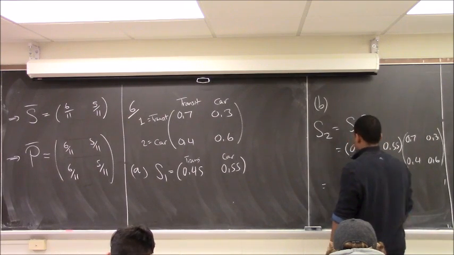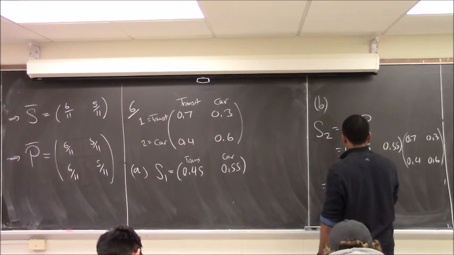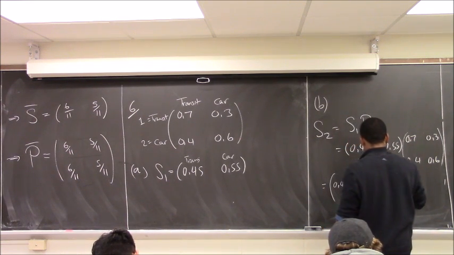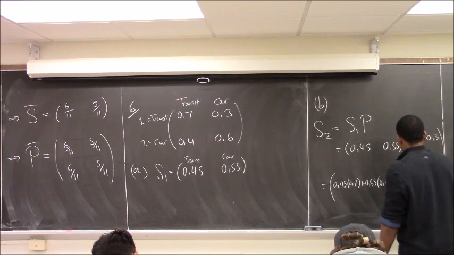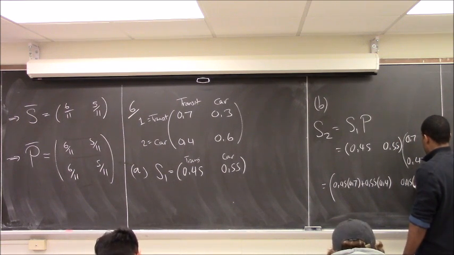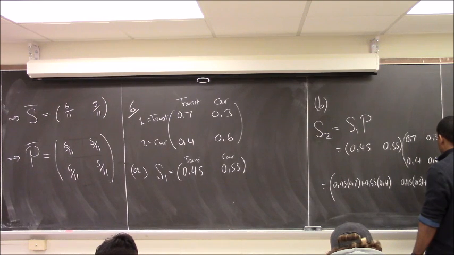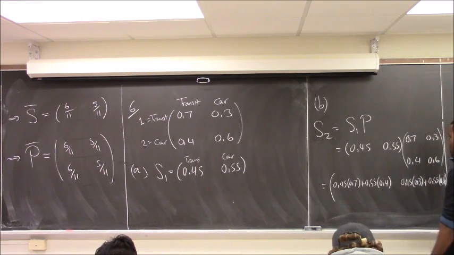And that is going to be 0.45 times 0.7 plus 0.55 times 0.4, and 0.45 times 0.3 plus 0.55 times 0.6.